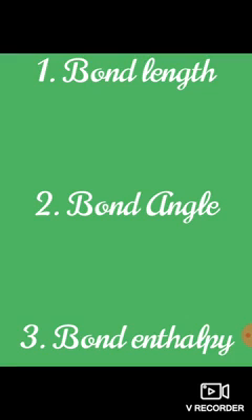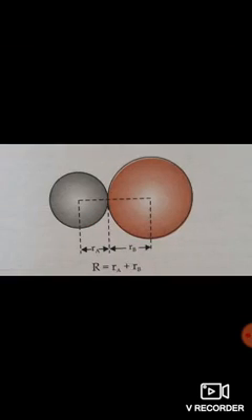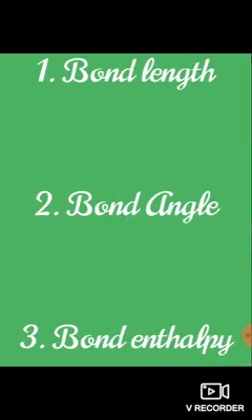If the size of the atom is smaller, the bond formed is stronger, so more energy is needed to break that particular bond. Clear now? And the bond length: shorter the bond length, larger the value of bond enthalpy. It's clear now?